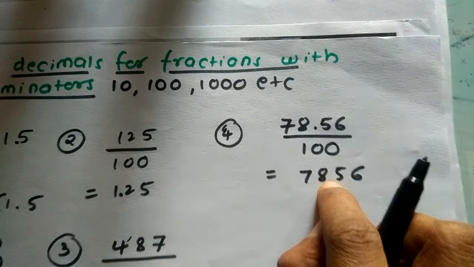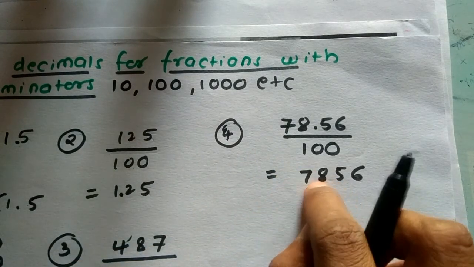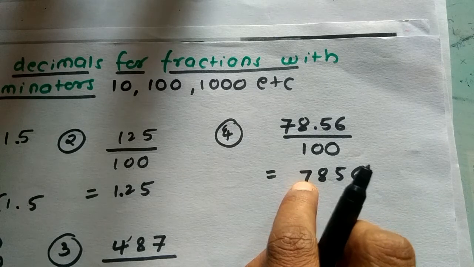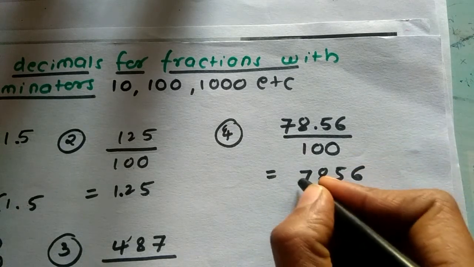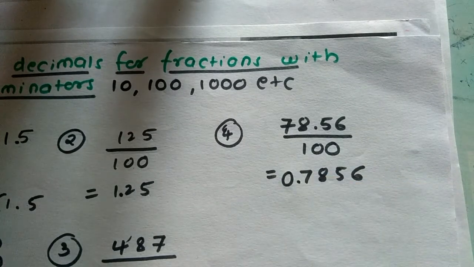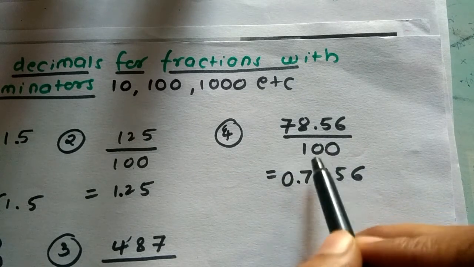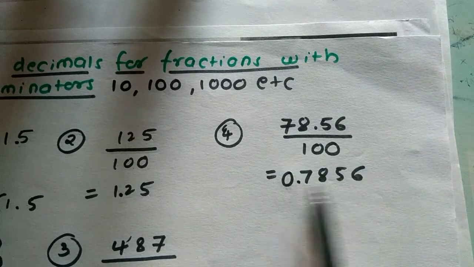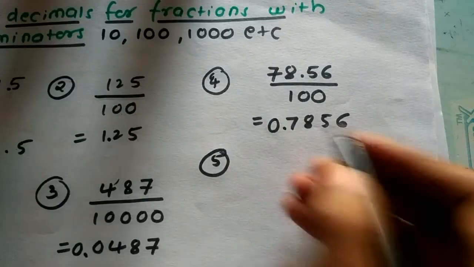That point we just have to shift, because 2 zeros are there. So 1, 2. Here we have to put the point, and for convenience we'll write 0. So when you divide 78.56 by 100, by actual division, you will get this answer. Like this you can take many examples.